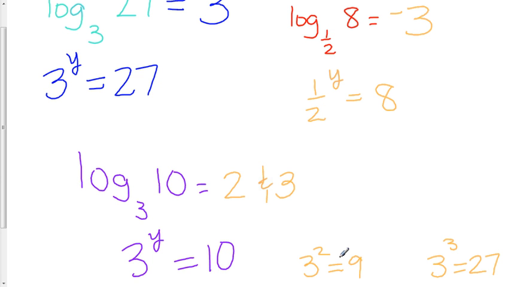Because 3 to the second is 9, and 3 to the third is 27. And since 9 is closer to 10 than 27 is, it's got to be closer to 2 than it is to 3. Now, what is that exact value? You could sit here and put numbers up here like 2.1 and see if you get 10, but that would be a waste of time.